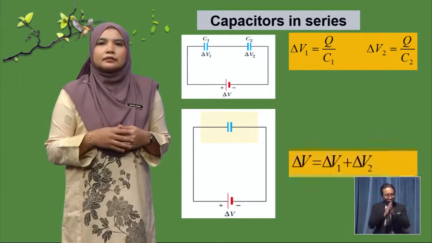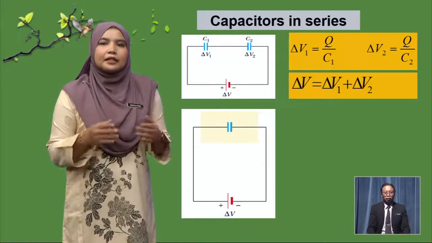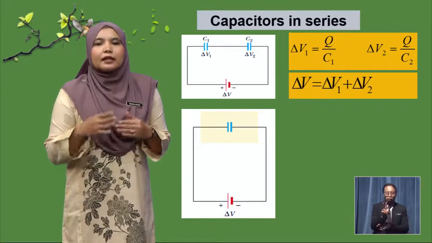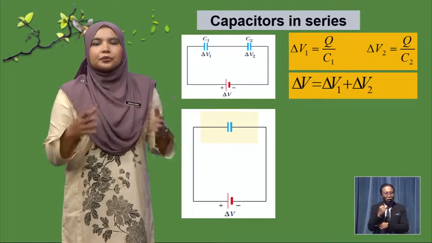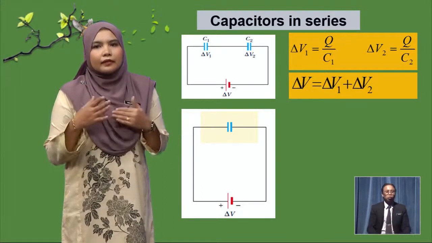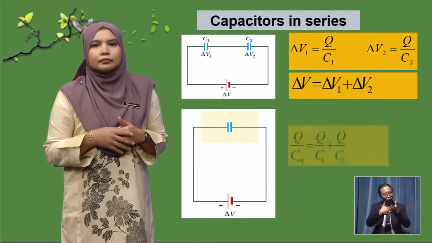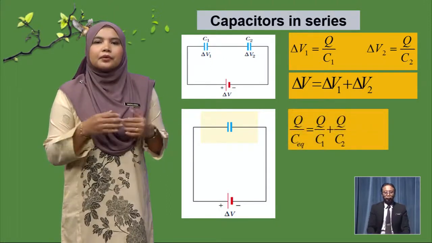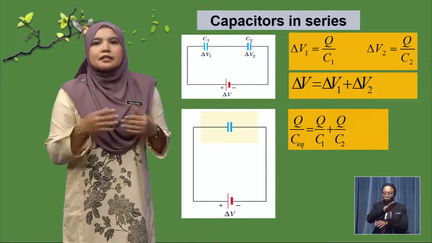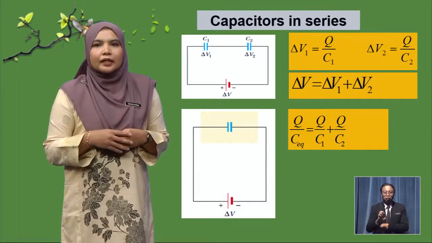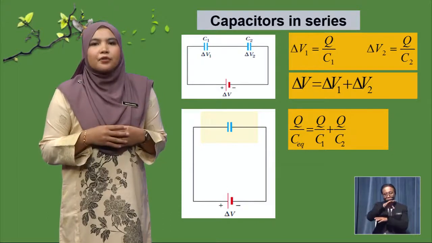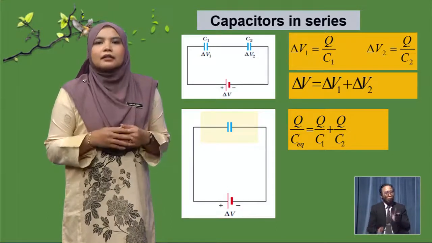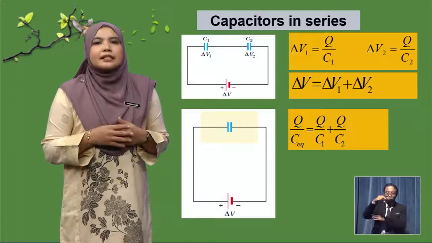Since delta V equals delta V1 plus delta V2, therefore, Q over C equivalence equals Q over C1 plus Q over C2.